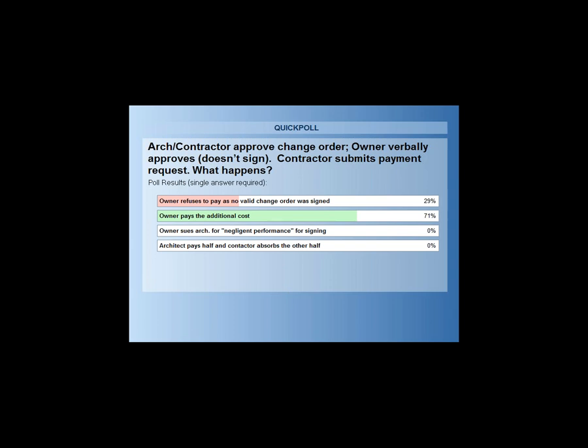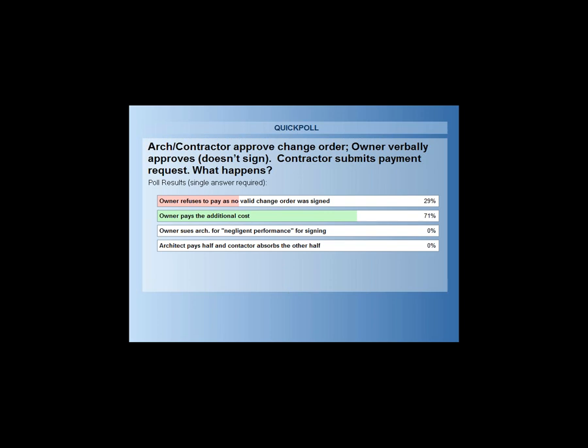Could occur, right. And I'll add to that, it depends on what the architect did and what the contractor did after this verbal conversation. As Doug said, this is not an exhaustive list, and you can take each one of these and paint a scenario around it.